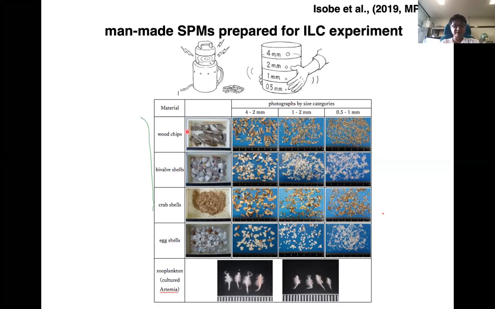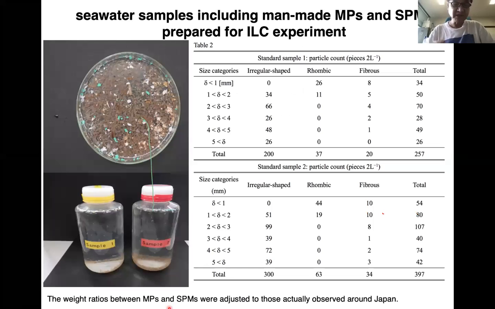The man-made suspended particulate matter is made from wood chips, shells, eggshells or cultured zooplankton free of plastics. We put all the man-made microplastics and man-made suspended particulate matter into the two bottles with seawater.